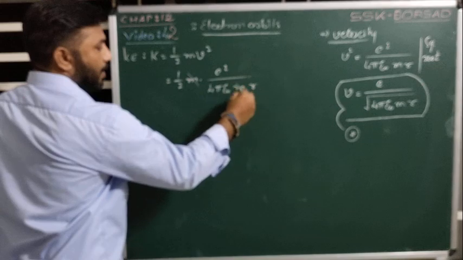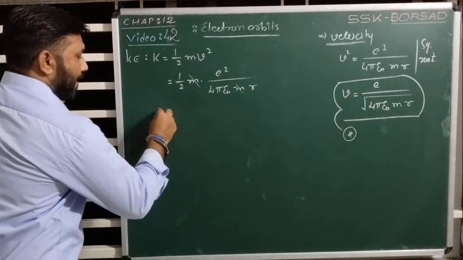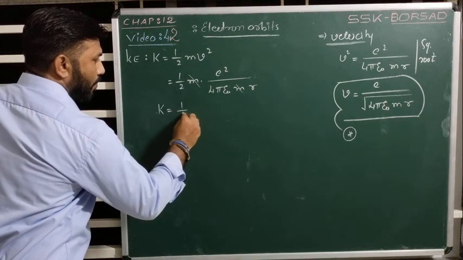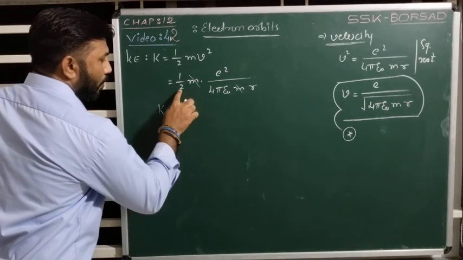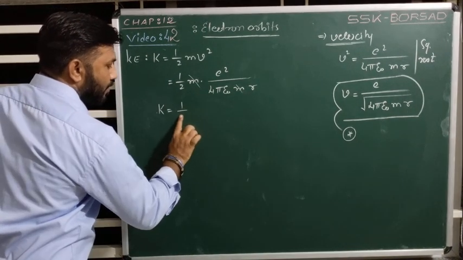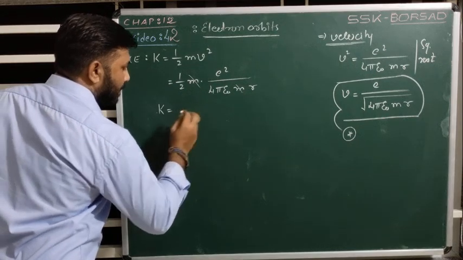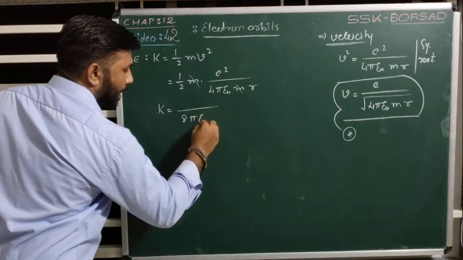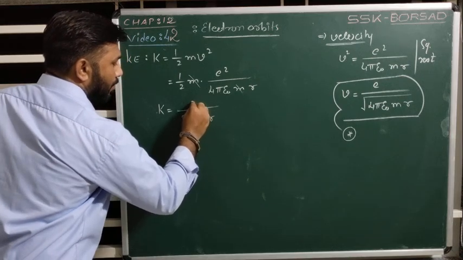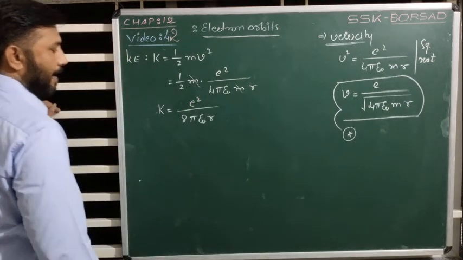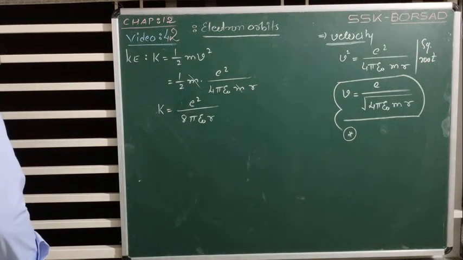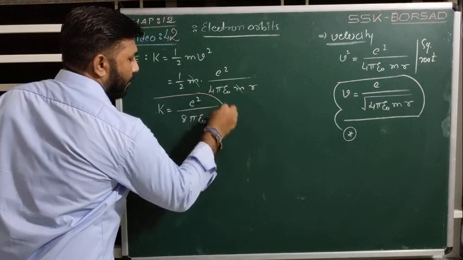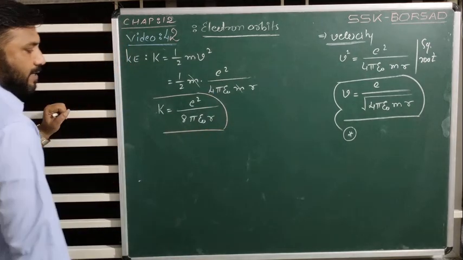So m will cancel out. So you will get the equation of kinetic energy. K is equal to 1/2. Oh, 2 4s are 8. So it is e square upon 8 pi epsilon 0 r. Okay, so this is the equation of kinetic energy.